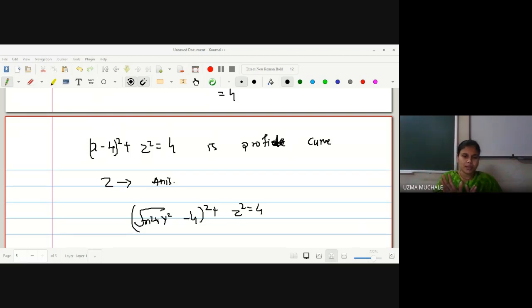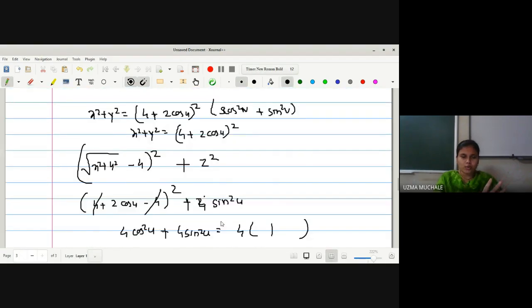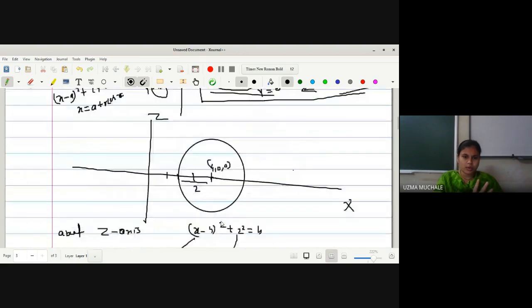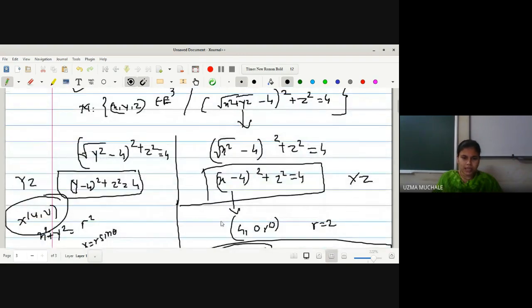I have told you how to solve by putting x equal to 0 and y equal to 0. Here I showed by differentiating. Here you have to put y equal to 0, here x equal to 0. So instead of having a circle in the xz plane, you will get a circle in the yz plane. Is it okay? Will you do it as homework, or is it difficult? Okay, so do it as homework.